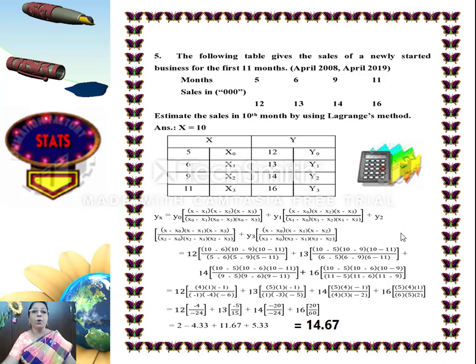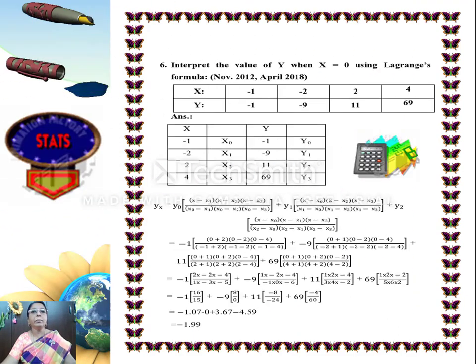So once your formula is correctly framed, then you just have to substitute the values and arrive at your answer. So here again you have the values minus 1, minus 2, 2 and 4. So though they are moving at equal intervals over here, and you have to find the value for x equal to 0, here after 2 it is advancing in an unequal interval.